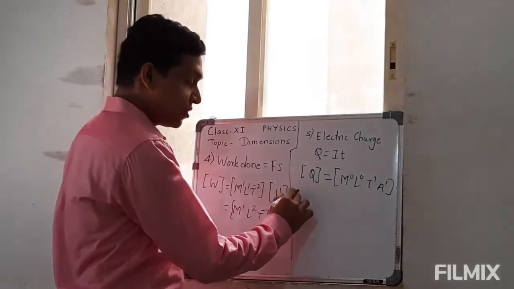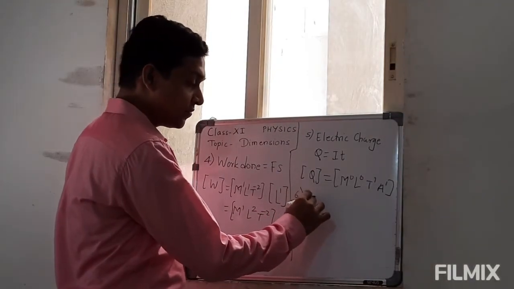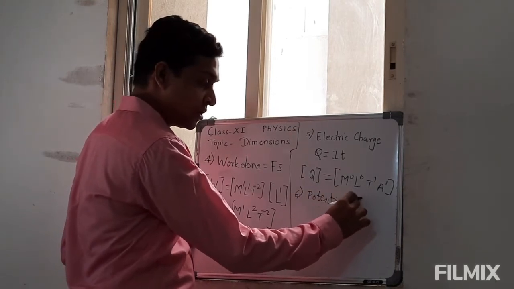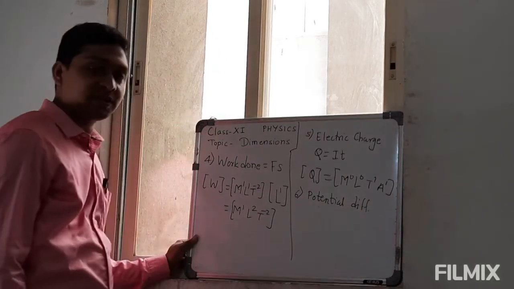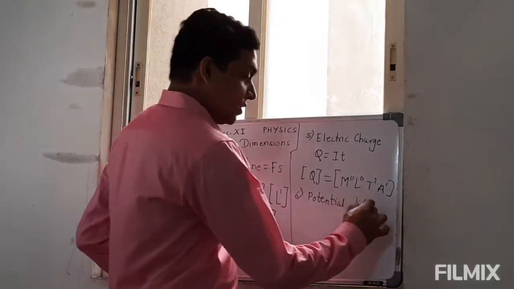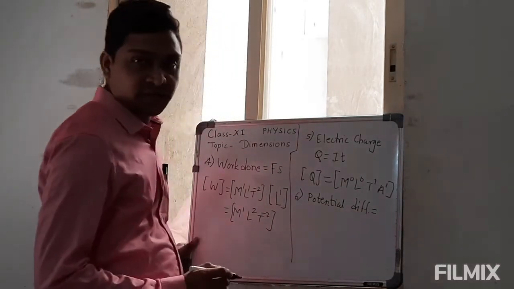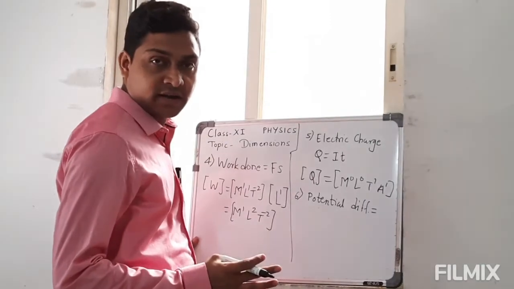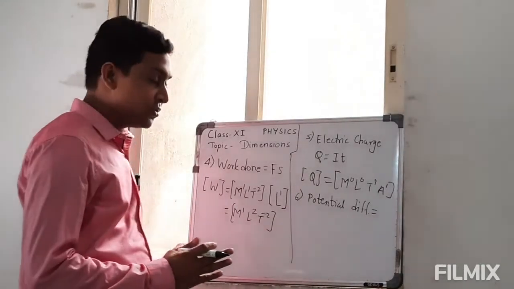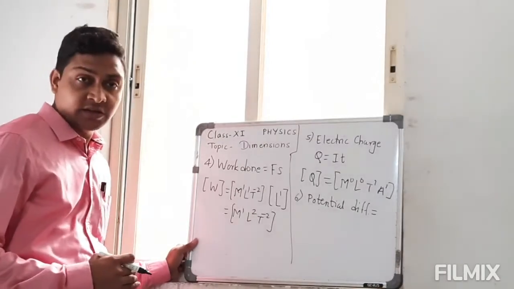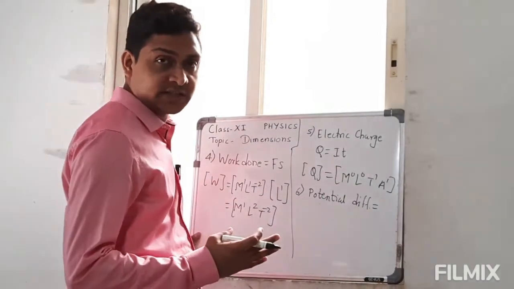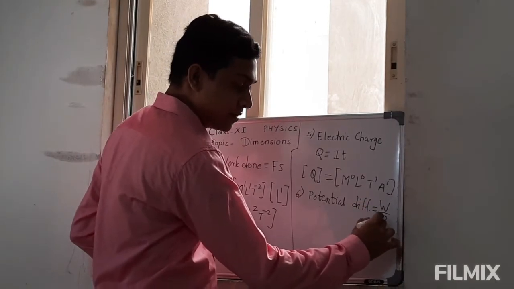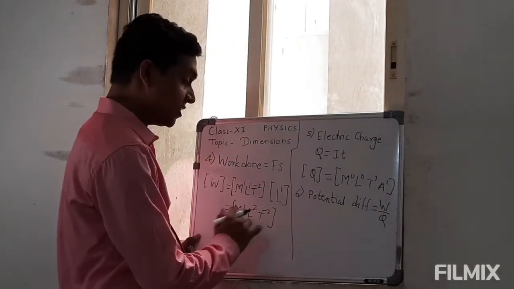Okay. So next we want to find dimensions for potential difference. There are two formulas we used in class 10. First is Ohm's law, that is V is equal to IR. And before that, one more formula we used, that is work done per unit charge. We do not know the dimensions for resistance, so that's why we are using the formula W by Q over here. We have the dimensions for work.